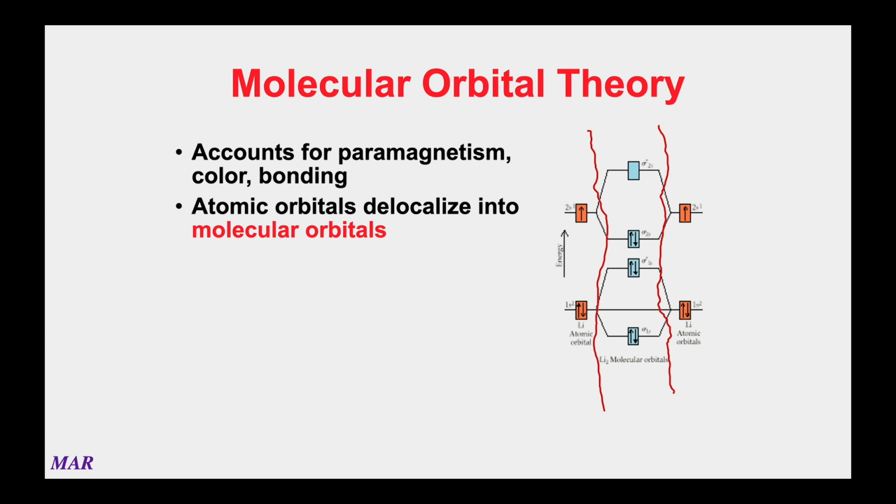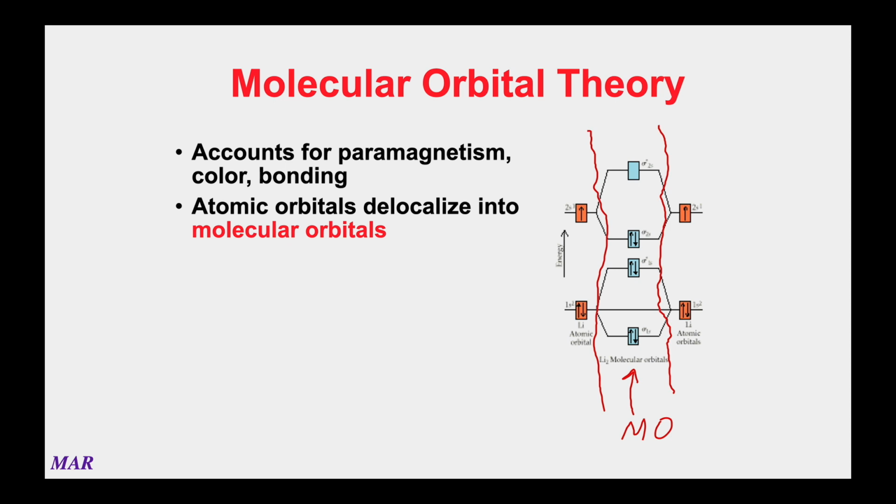And it's in the middle part here that you make the MO diagram, the molecular orbital diagram. Notice how in this diagram, the left and the right show the individual atoms. And the middle part, where the delocalization, the mixing, is happening, is where you make the molecular orbitals.